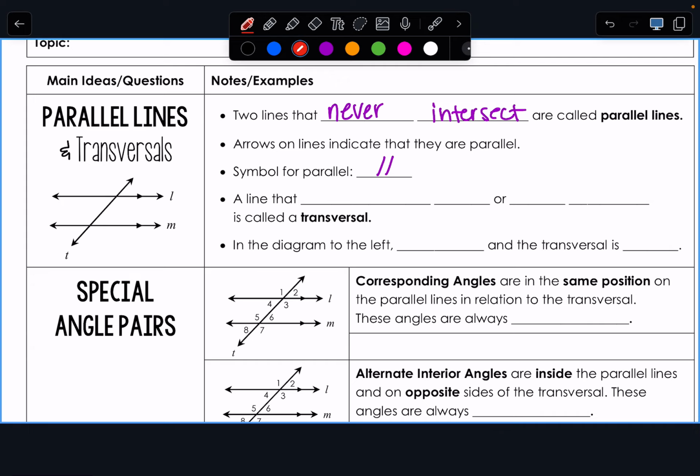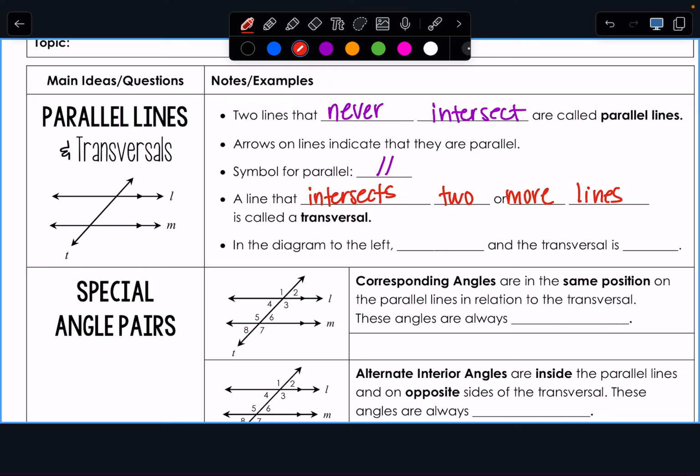So a transversal is a line that intersects two or more lines at once. Okay. So every picture that we're going to look at is a pair of parallel lines with a transversal going through. And that's the special picture we're going to be working with today and tomorrow.